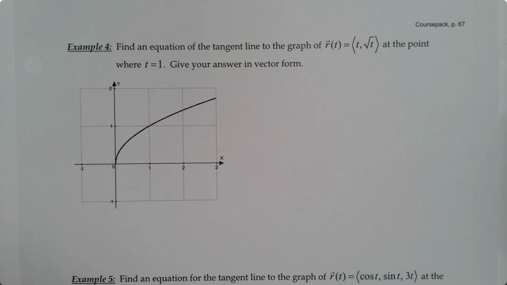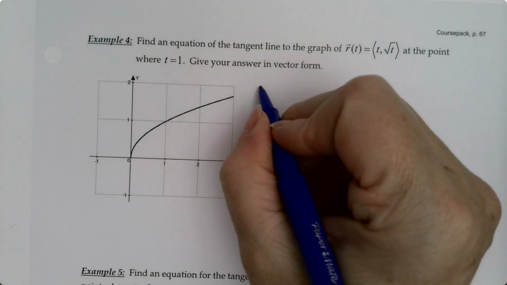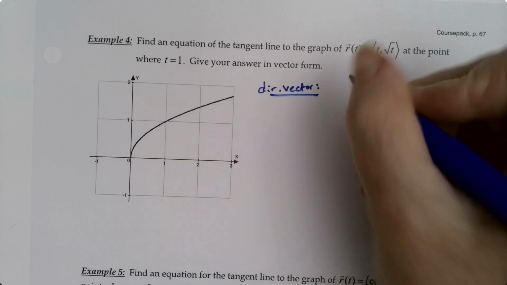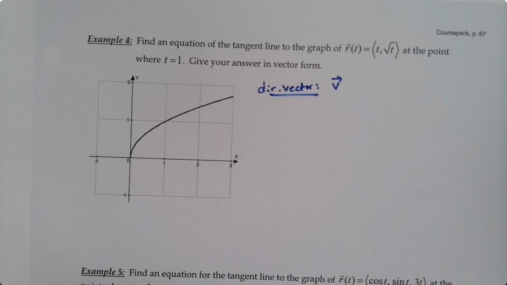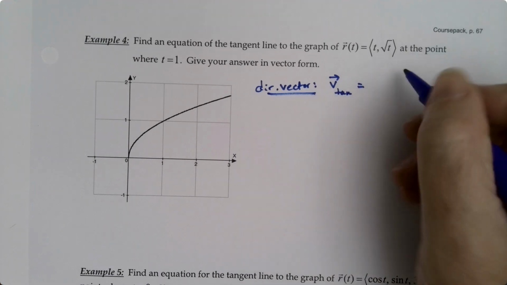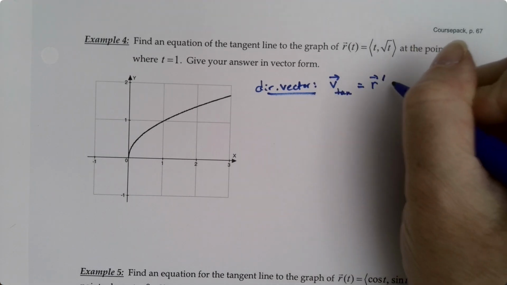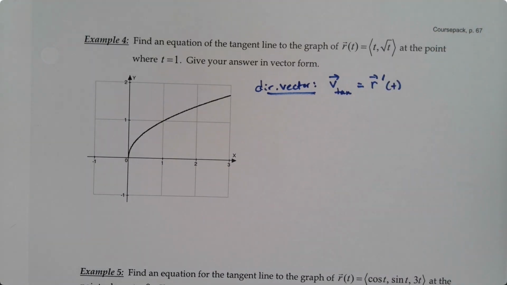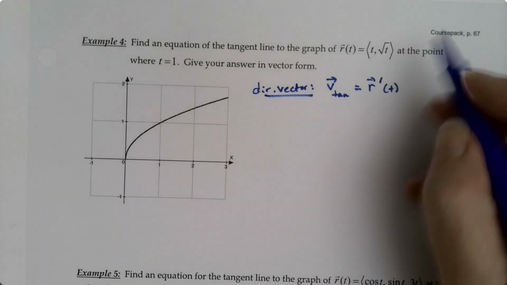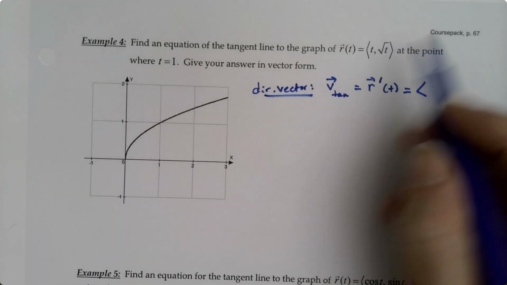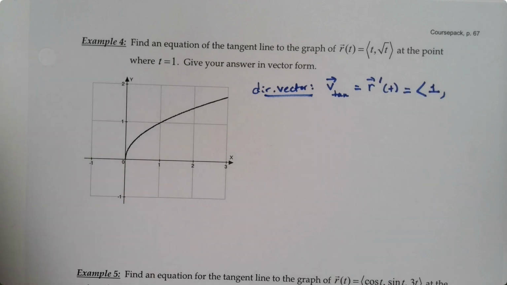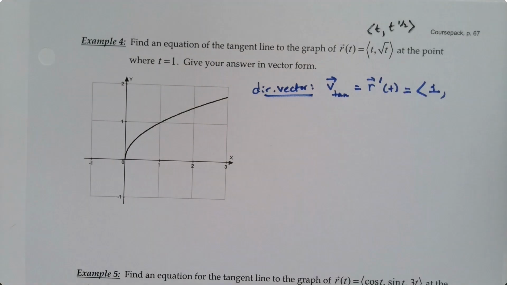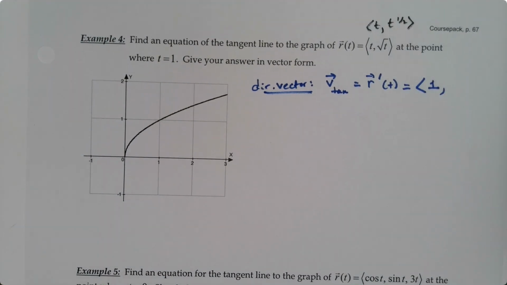We're going to have to figure all this out, but let's start with our direction vector. The direction vector, which is v for the tangent, would be equal to r prime. So r prime of t, I'll start with the basic one. r prime of t is equal to the derivative of t, which is 1, and the derivative of square root of t, which is really t to the 1/2 power.